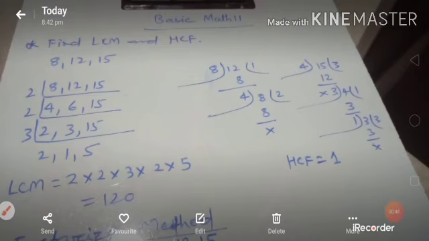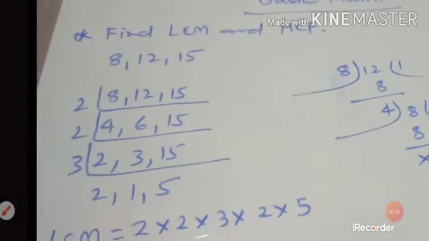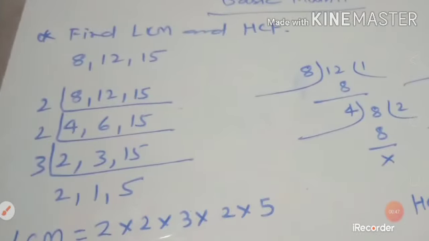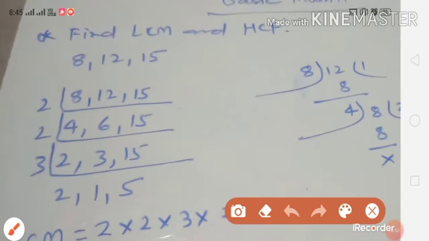So now we start. First of all, the first question is we have to find the LCM of 8, 12 and 15. So we write 8, 12, 15. We should pay attention that we divide it starting from prime numbers 2, 3, 5, and minimum two numbers should be divisible.